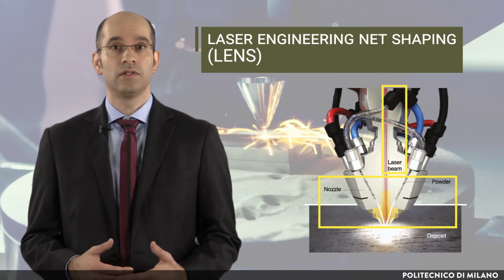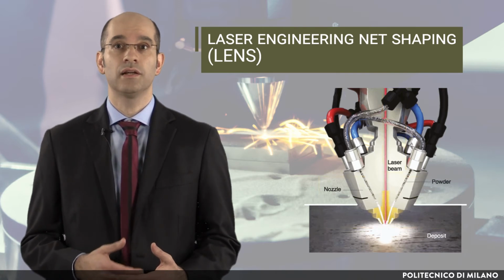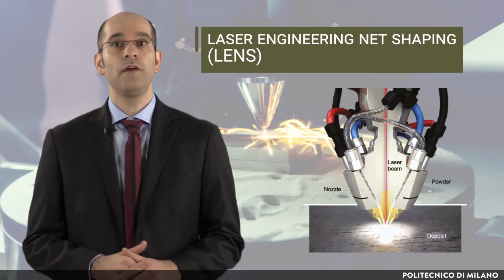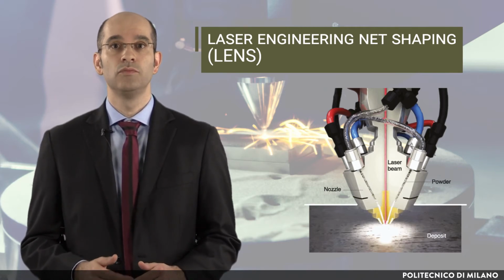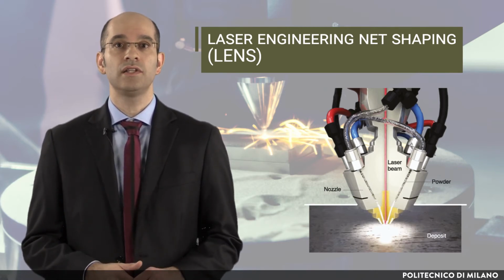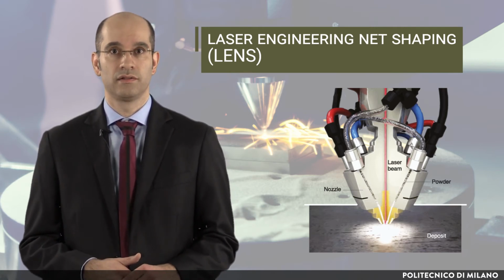The melted powder and the material beneath solidify quickly, thus forming a layer of material. After one layer is built, the laser head and powder nozzle move up, and the laser heating and powder injection process are repeated for the next layer.